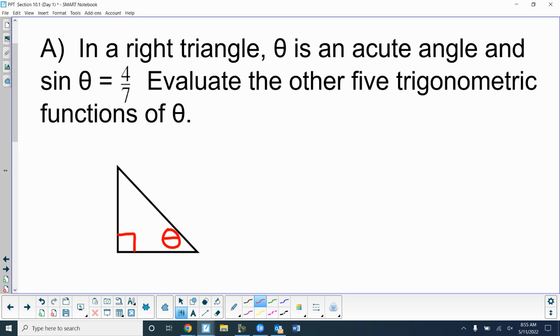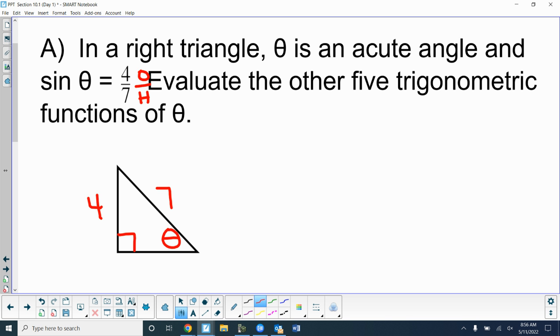So sine is opposite over hypotenuse. Which side's opposite of that? This one, right? Which side's the hypotenuse? So there's where the 4 and the 7 are.